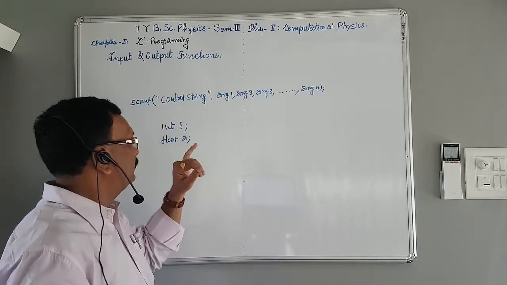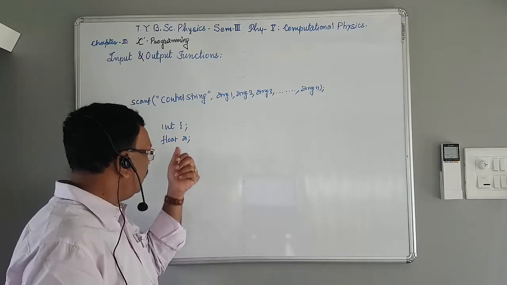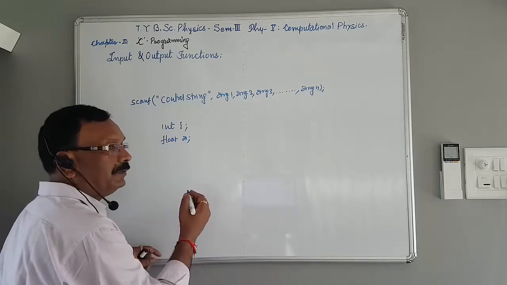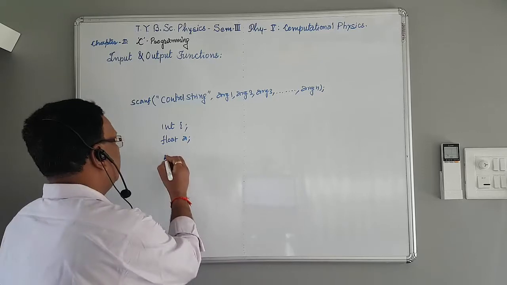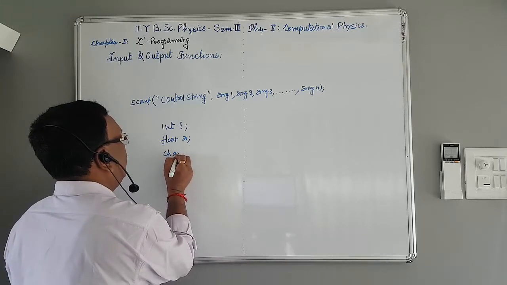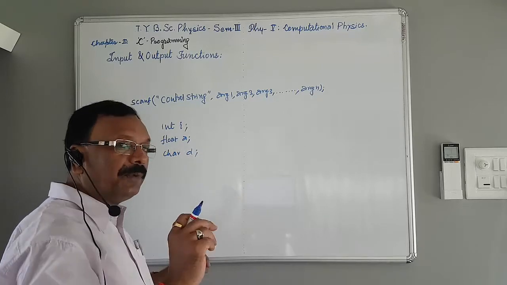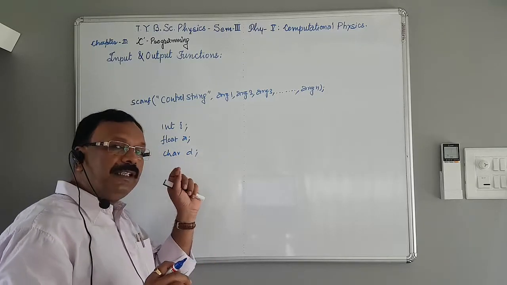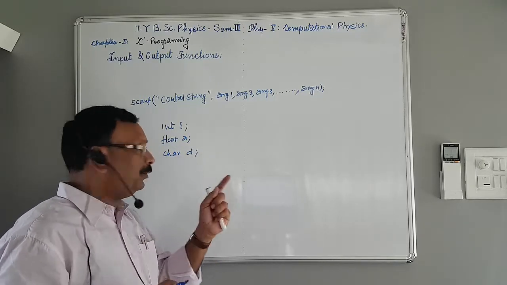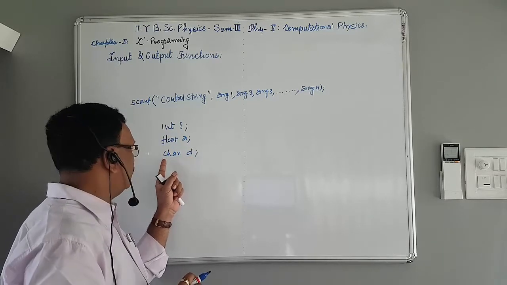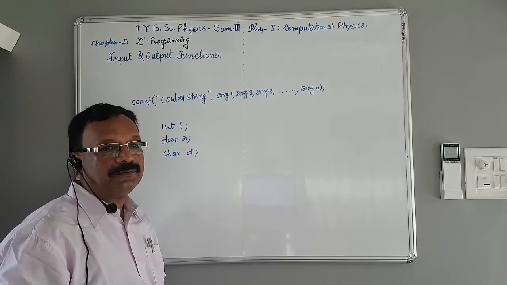And i, a, these are the variables. Suppose we want to supply a single character, then char d. Suppose you want to provide only a single character like d to the computer, such type of data can be entered through this function.